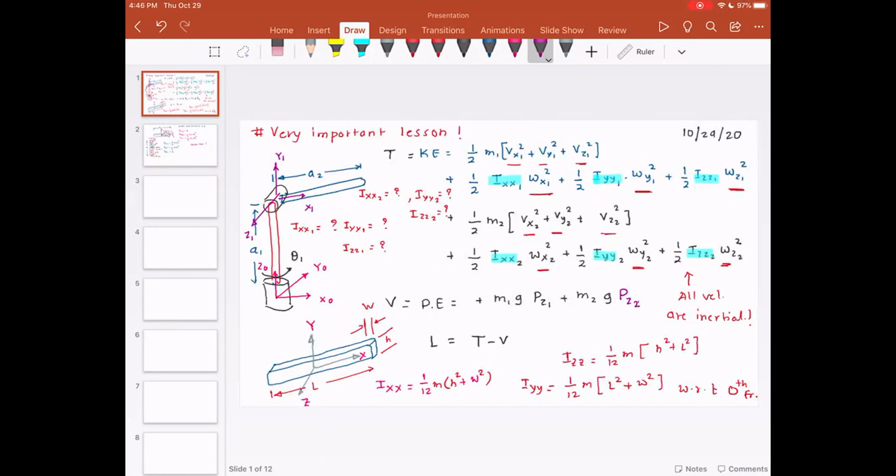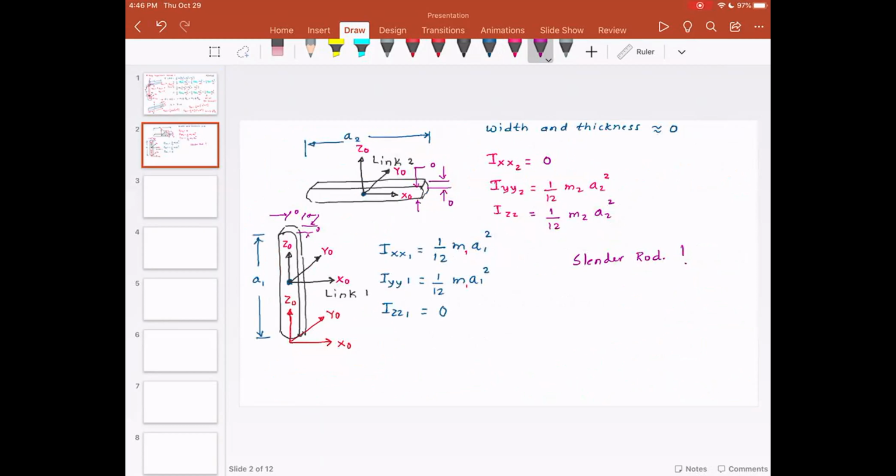That's why when you take the mass moment of inertias, your coordinate frames should match. If they don't match, then you're not going to get the correct answer. That is something you want to keep in mind. Any questions on how we found the mass moment of inertias?